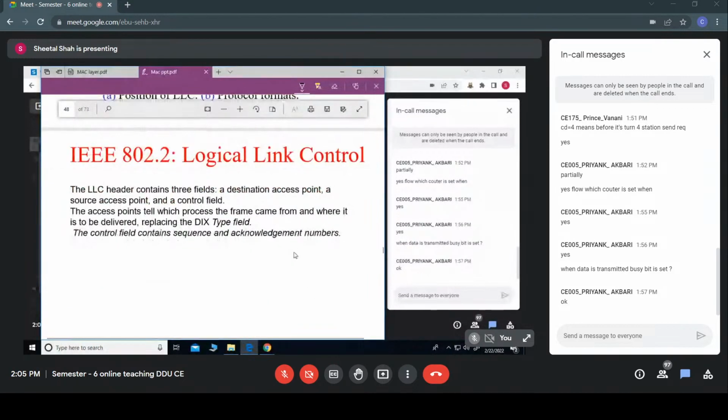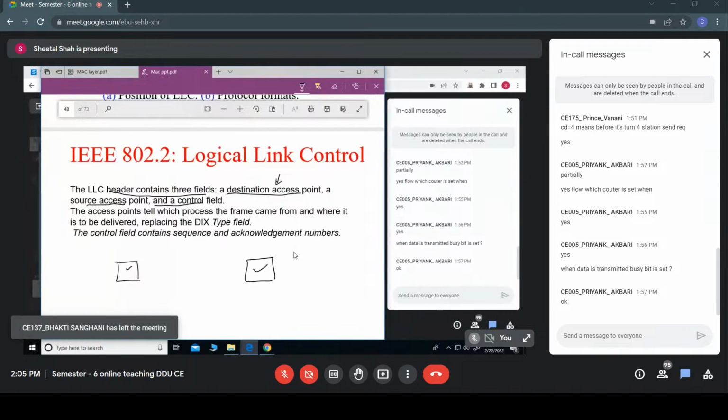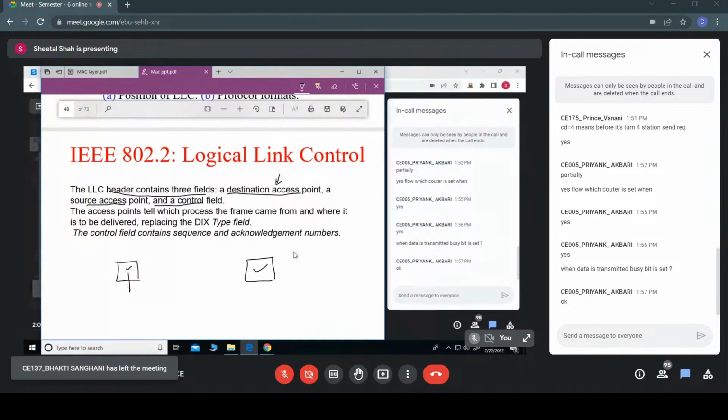So this LLC header contains three fields: a destination access point, a source access point, and a control field. This access point is needed because there might be a number of processes running in a host. The access point indicates which process this particular frame belongs to.